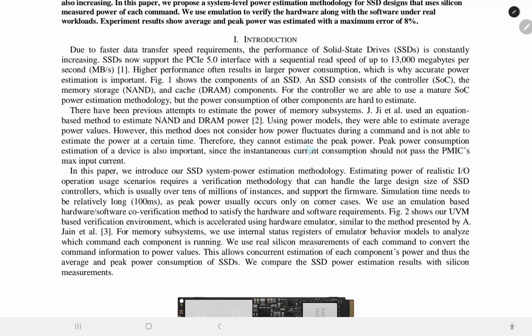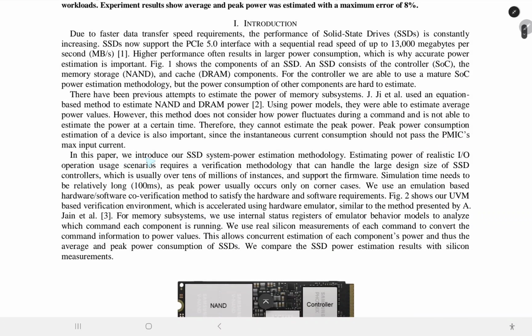Therefore, they cannot estimate the peak power. Peak power consumption estimation of a device is also important, since the instantaneous current consumption should not pass the PMIC's max input current. In this paper, we introduce our SSD system power estimation methodology.